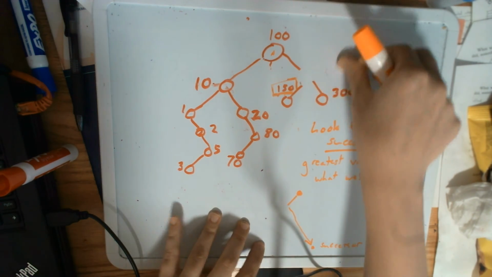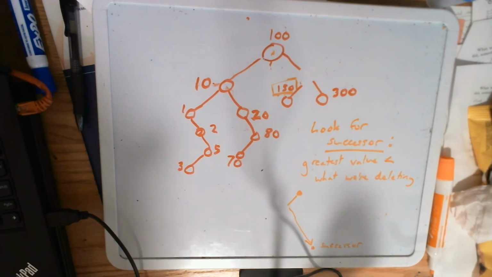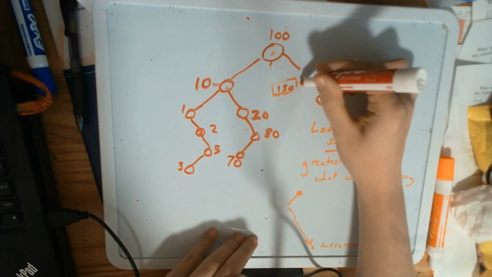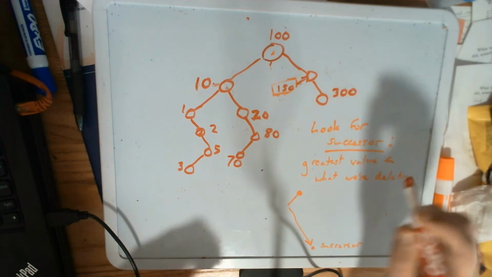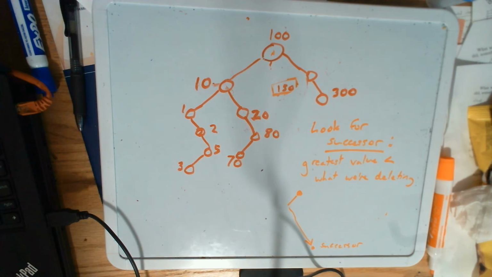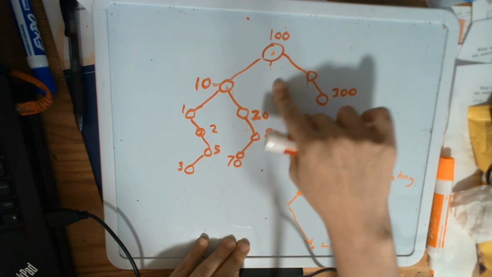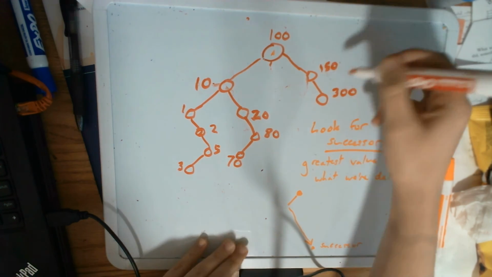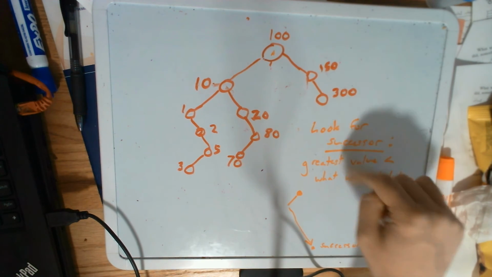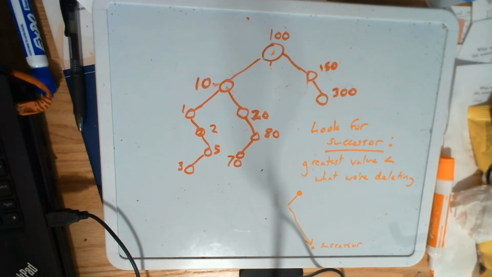We delete the 200 node, and we're going to move this one up. So now this node is 150. And 300 stays as a right child, because 150 was less than 200, so 300 is definitely greater than it.